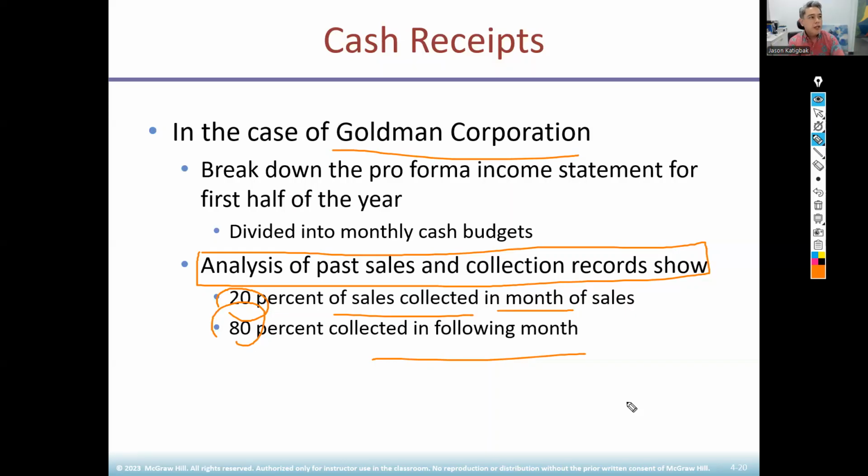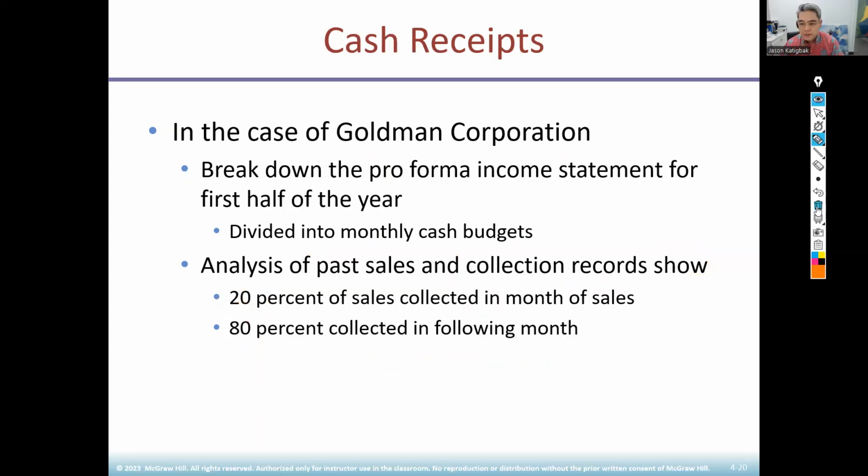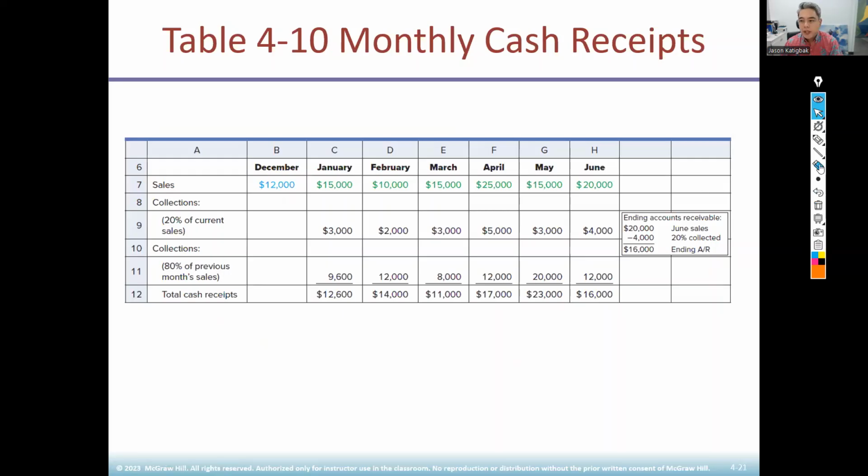So why do we need to do this? You are looking at a calculation or an assumption of collectability. What's the cash collection flow? It's 20% current, 80% the month after. Okay, so those are important to note as well.